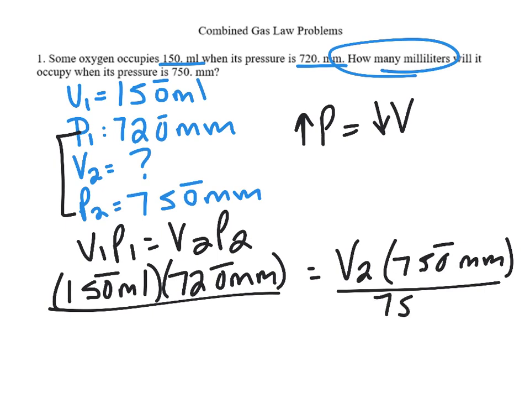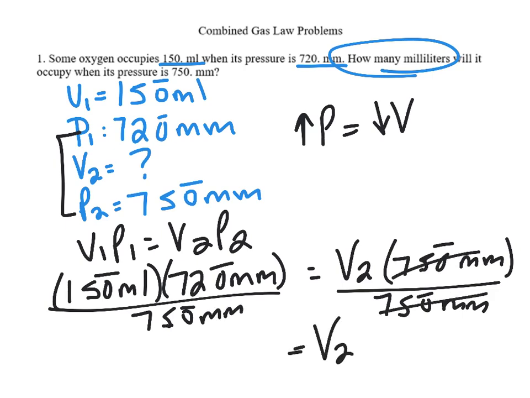Now, you don't have to show that if you don't need to. It's fine. So that leaves us with V2 equals, so multiply the top two numbers, divide by the 750, and as far as units go, millimeters cancel out.